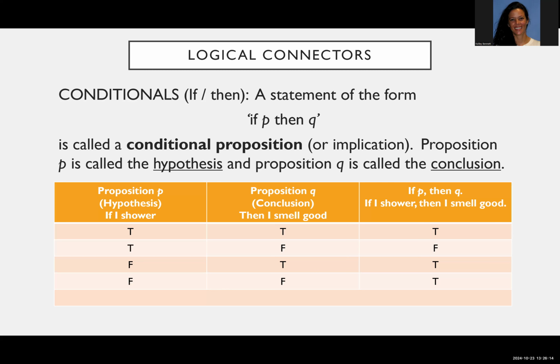Similarly, with the proposition P, the hypothesis, with that one being false, if I never showered, then it's not up to me what happens next because I haven't even fulfilled the first part. So these are actually called vacuously true. Whenever your hypothesis is false, the implication is always true because you've never really started to begin with.